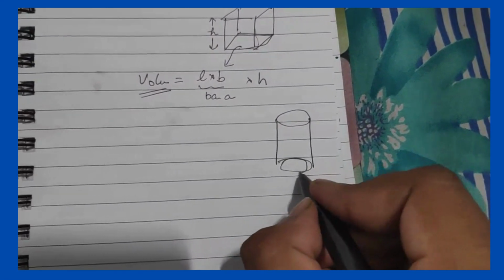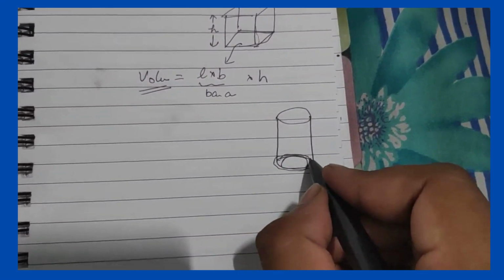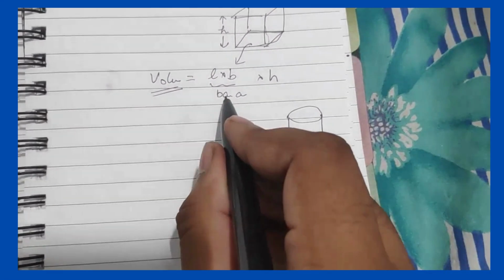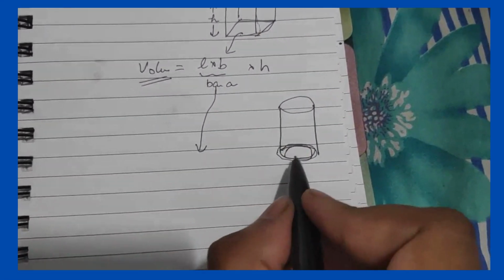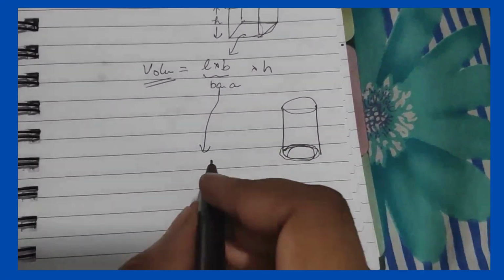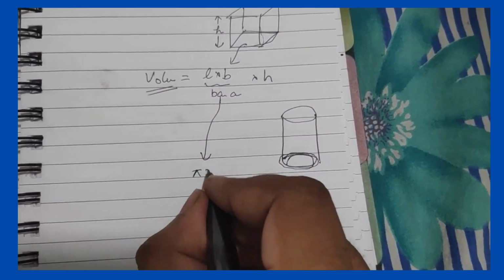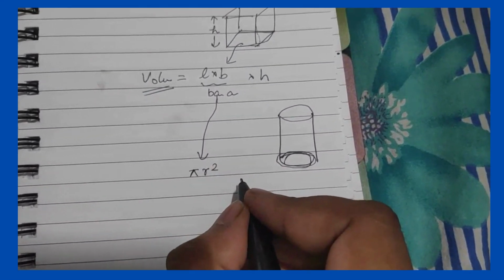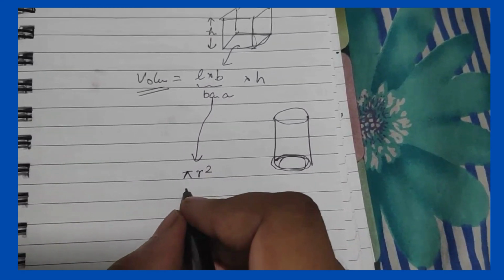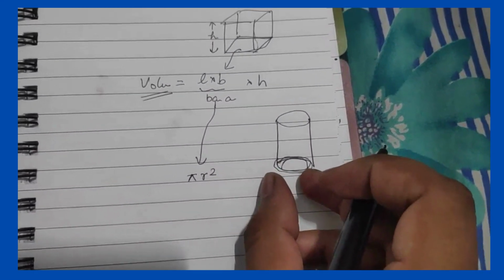Now if I see someday that I have a cylinder, like this is a cylinder, what would I see? I would see what the base is. The base is a circle. So again, what is the area of the base? This shape is a circle, hence the area of a circle is pi r square. Am I clear? So this pi r square is our area of the base.